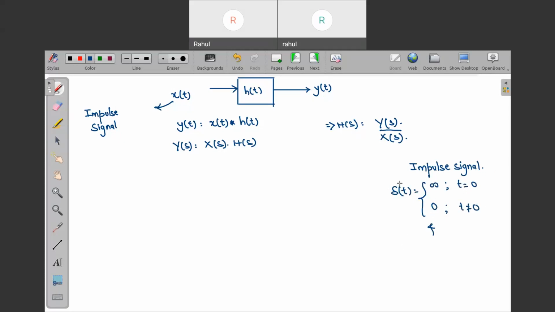And this is not the complete definition of delta(t). The area under the impulse is equal to 1. So this is the complete definition of the impulse signal.